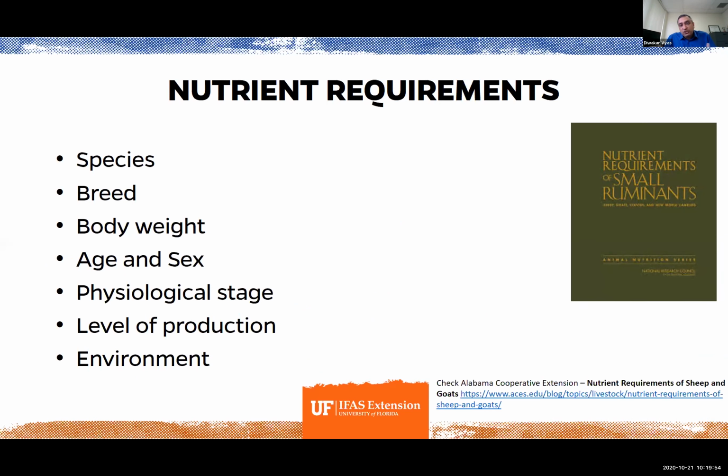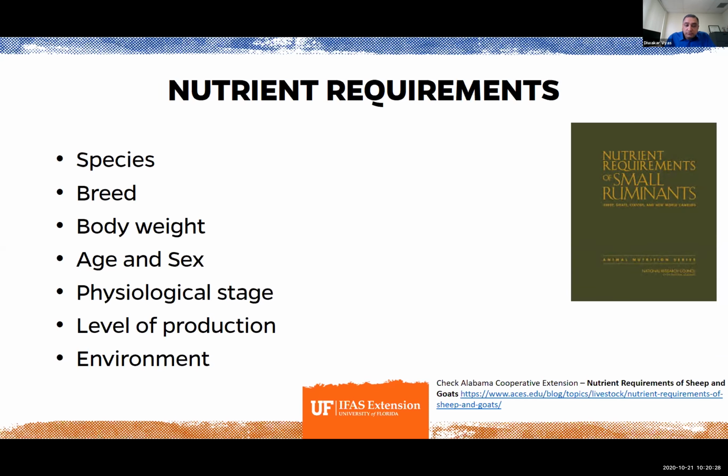No matter which livestock species we are working with, nutrient requirements are variable, and they depend on so many factors, including species, breed, body weight of the animals, age and sex, and physiological stage. For example, whether these ewes are dry, lactating, in early gestation, late gestation, or lambs. Depending on which physiological stage they are in, the nutrient requirements will be different.